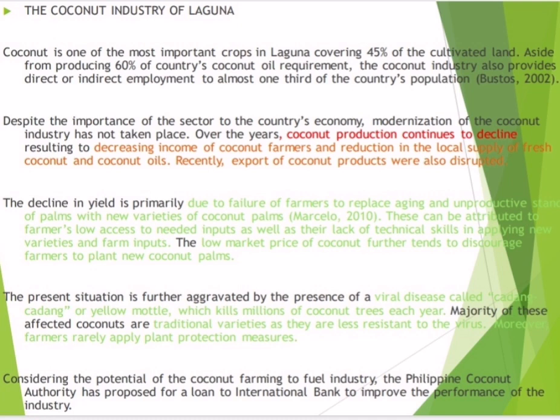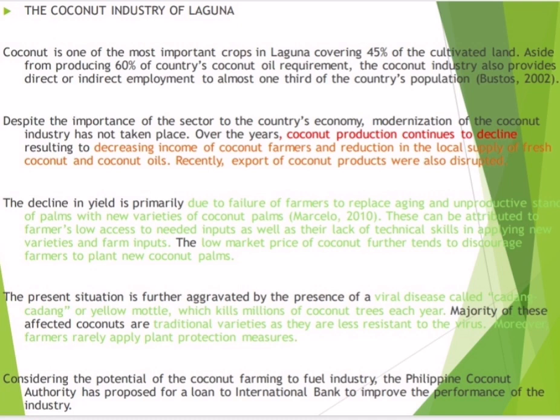So the problem is that modernization has not taken place, and because of that, coconut production continues to decline. Because it was not yet modernized, the coconut production is declining. That is the effect.